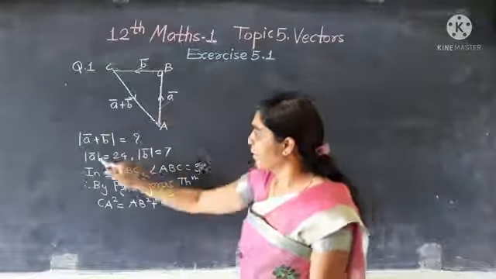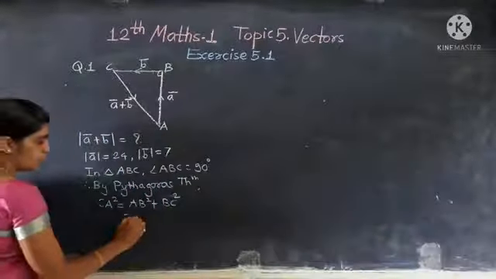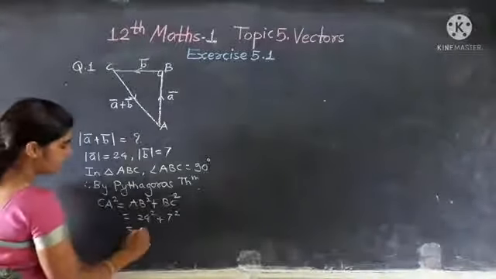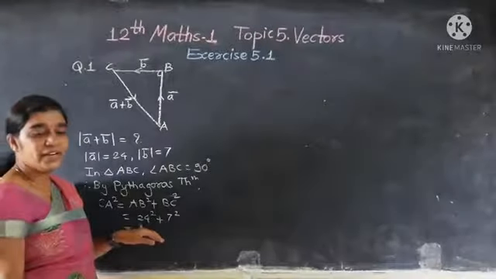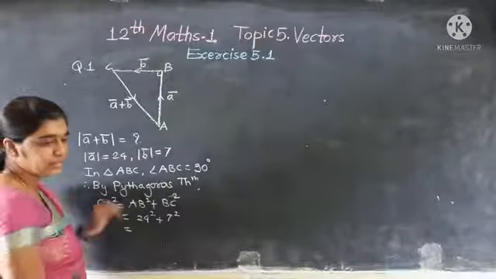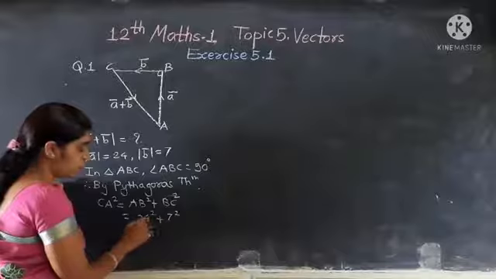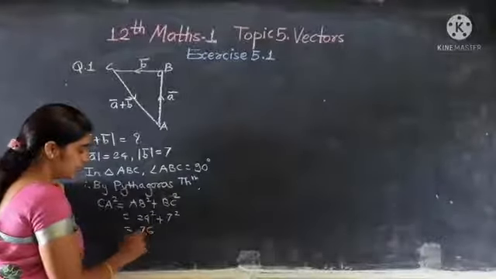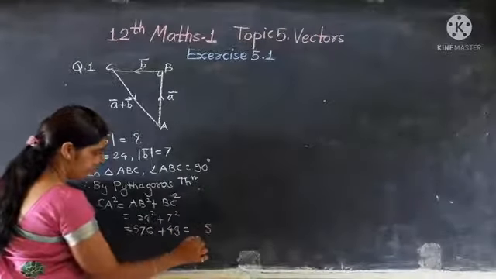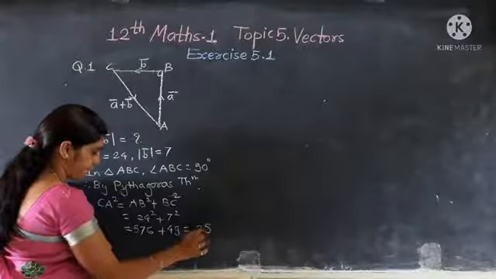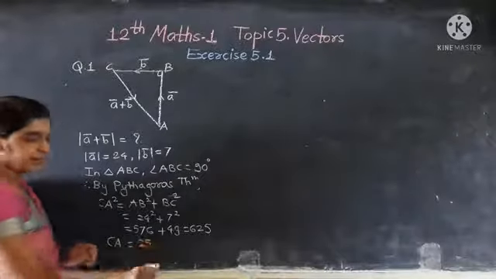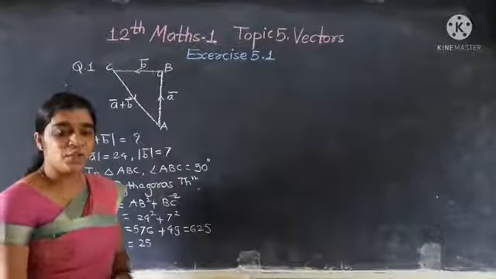AB means A bar, its magnitude is given as 24. So you write here 24 square plus 7 square. 24 square is 576, plus 49. You get 625. So we get CA is equal to 25.